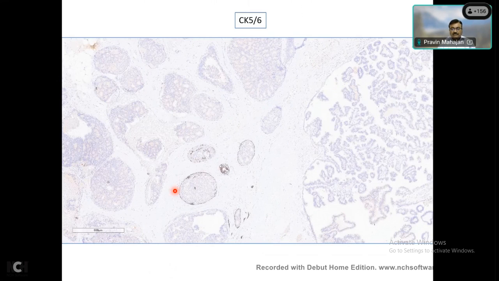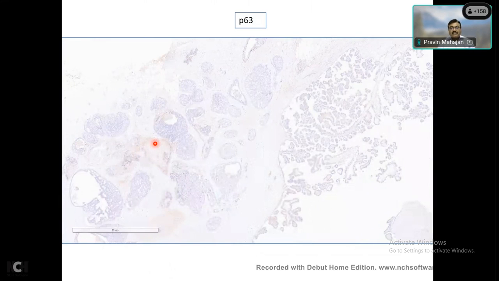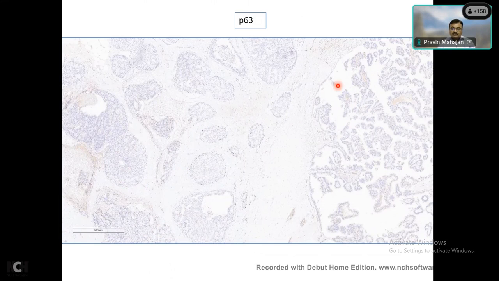On higher power, the same thing can be seen: the myoepithelial cells are absent within the encapsulated papillary carcinoma and this adjacent intraductal or interductal-like proliferation. The same thing you can make out on P63, with absence of myoepithelial cells within the encapsulated papillary carcinoma and this adjacent interductal papillary proliferation.